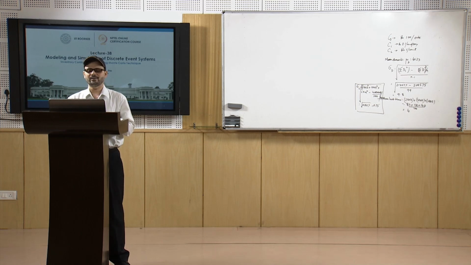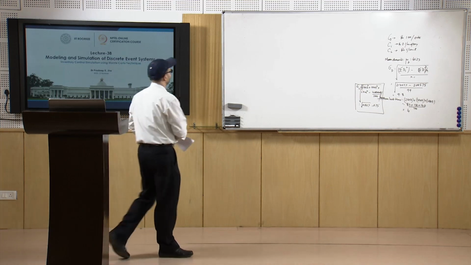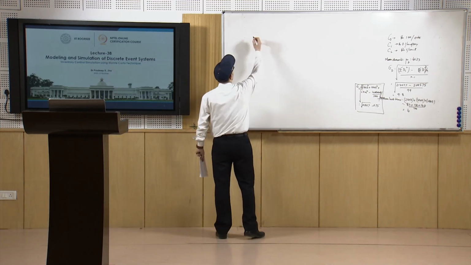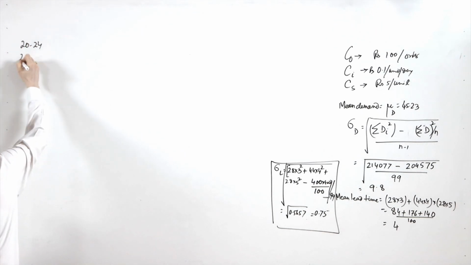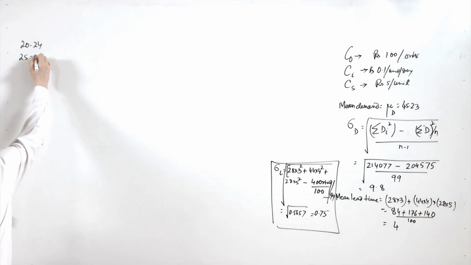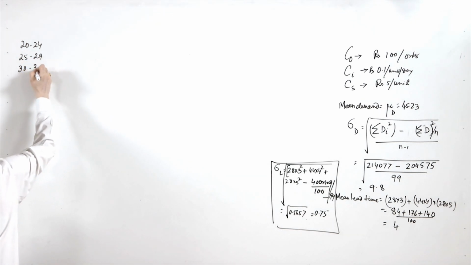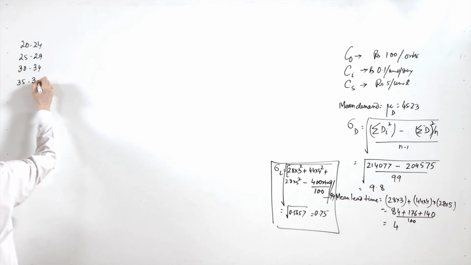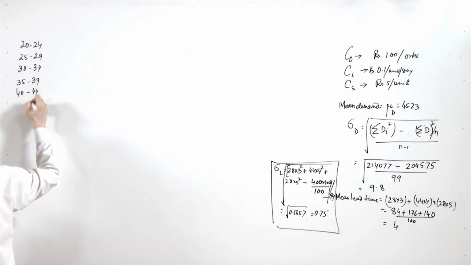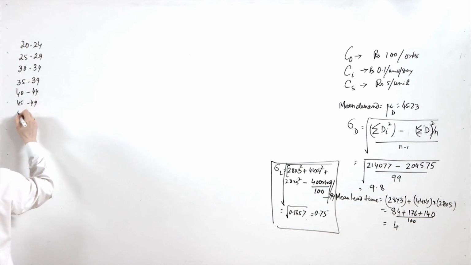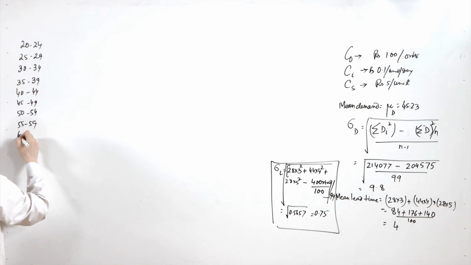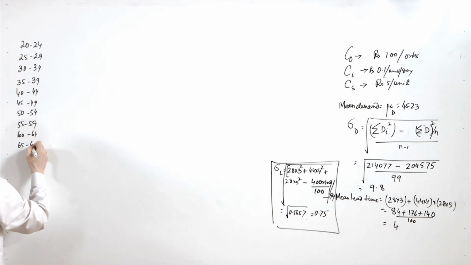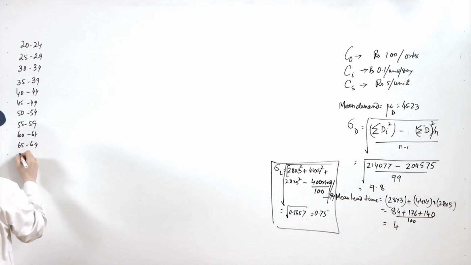If you find the histogram of the demand, you will have these categories: 20 to 24, 25 to 29, then 30 to 34, 35 to 39, then 40 to 44, 45 to 49, 50 to 54, 55 to 59, then 60 to 64, 65 to 69, and then 70 to 74.